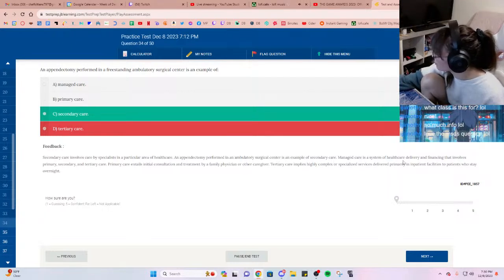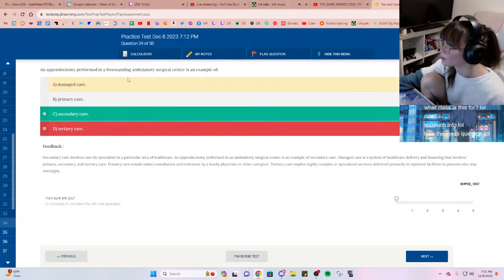Managed care is a system of healthcare delivery and financing that involves primary, secondary, and tertiary care. Primary care entails initial consultation and treatment by a family physician or other caregiver. Tertiary care implies highly complex or specialized services delivered primarily in inpatient facilities to patients who stay overnight.